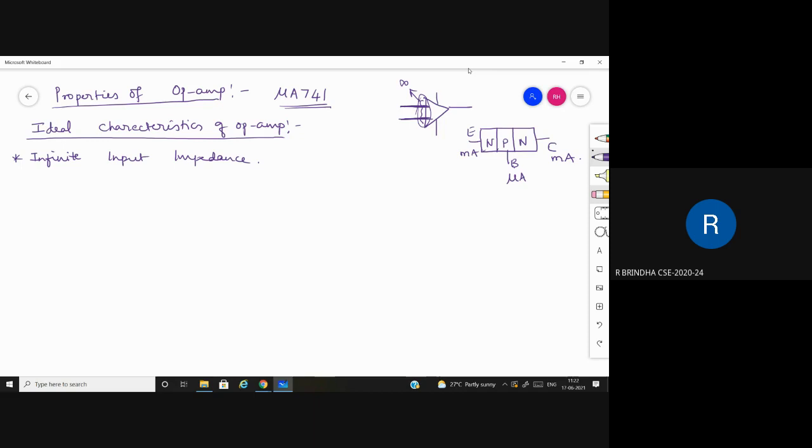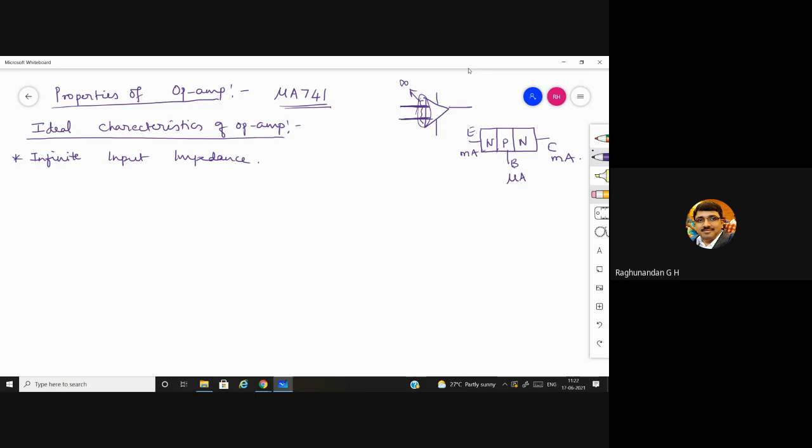So resistance has an infinite value. It consumes no current. From our understanding of the NPN transistor, we know it has only microamperes of current, so the resistance will be more. The input terminals we consider in the op amp are also base terminals only, so obviously they offer high resistance.